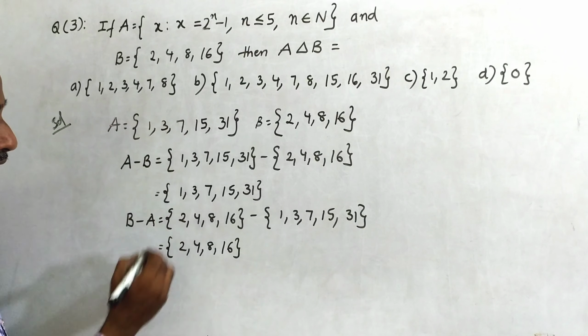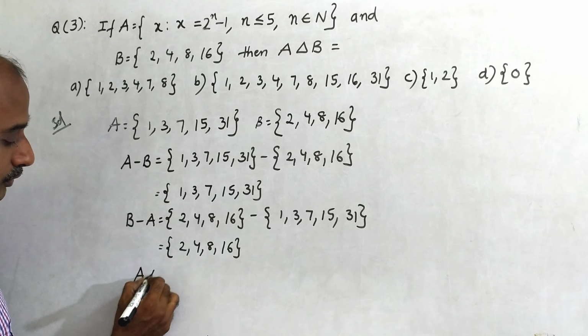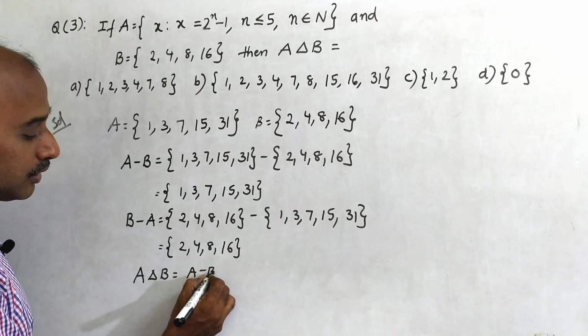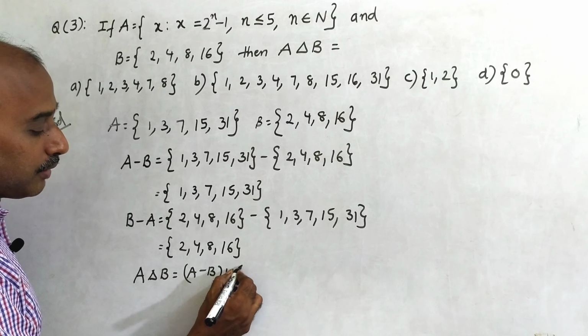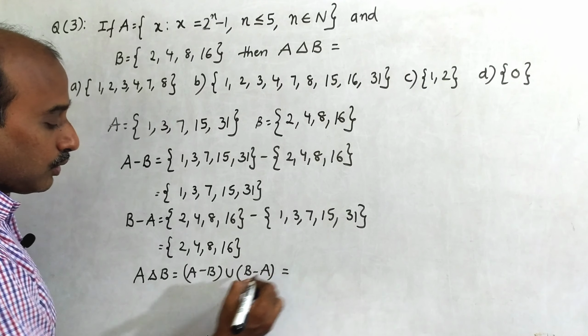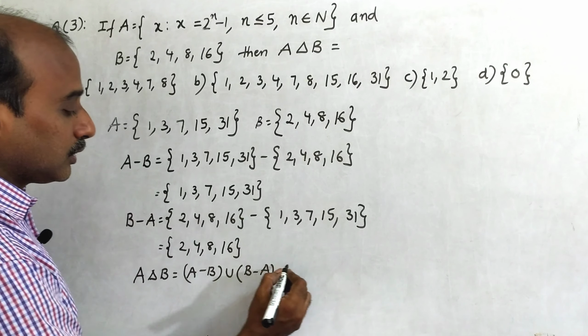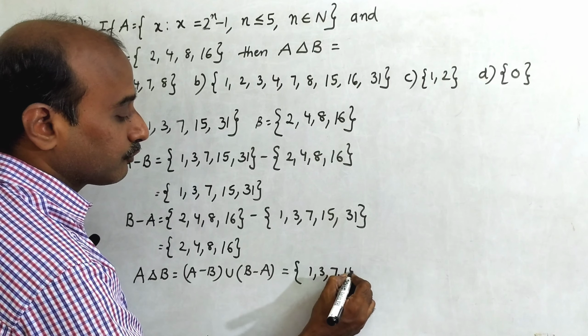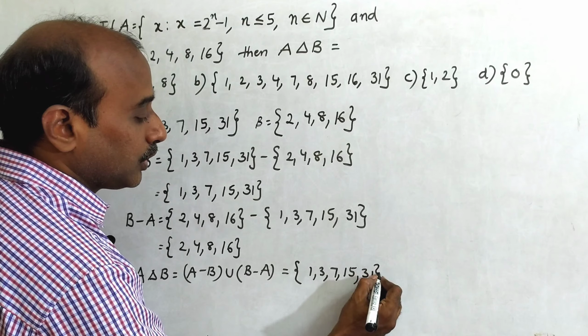Now A delta B you have to find out. A delta B is equal to A minus B union B minus A. What is A minus B we got? This set 1, 3, 7, 15, 31.